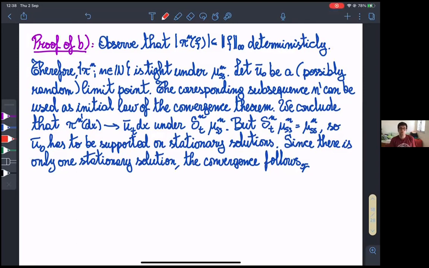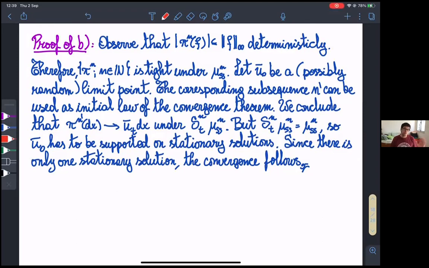That means that we can use the stationary state as initial condition for the theorem. Okay, not mu_Sn, but mu_Sn', because mu_Sn' converges to something. But now it is a kind of trivial fact, no?